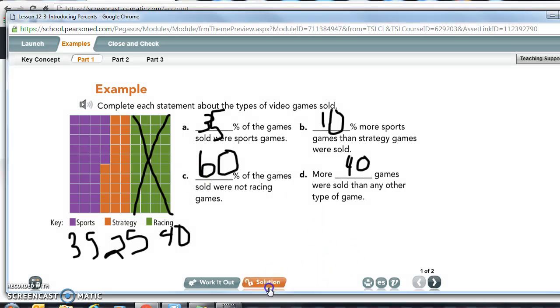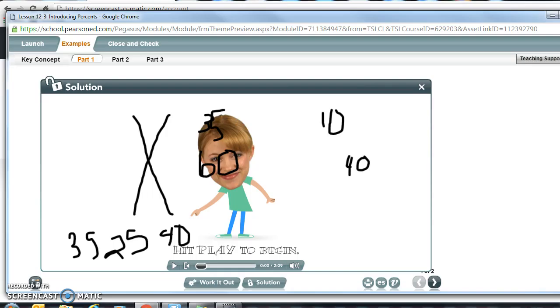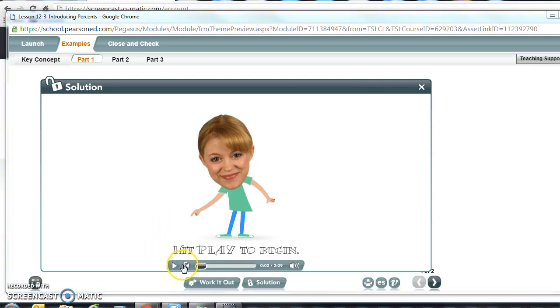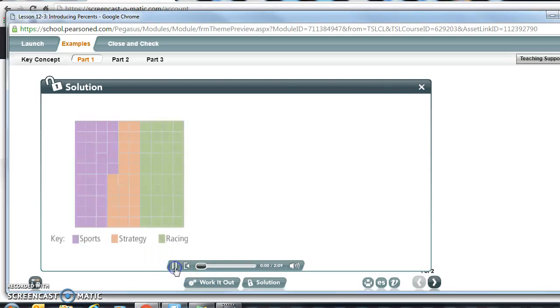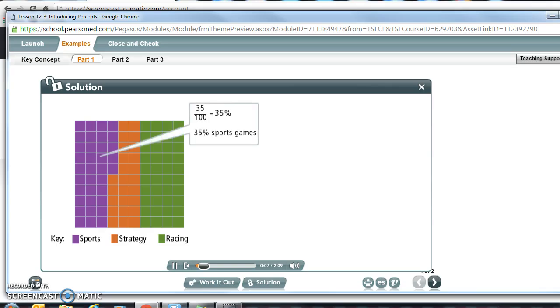Go ahead and fill that out with me. 35 of the squares are shaded purple. 35 out of 100 equals 35%.